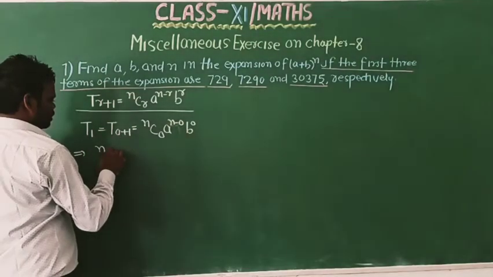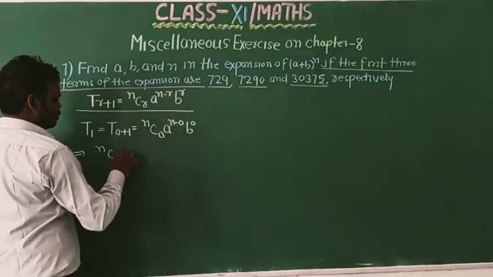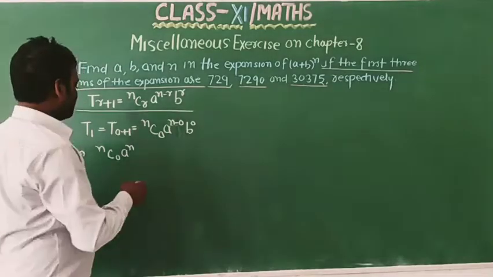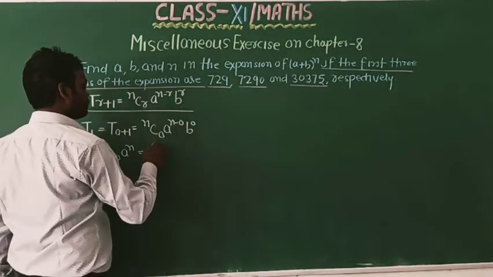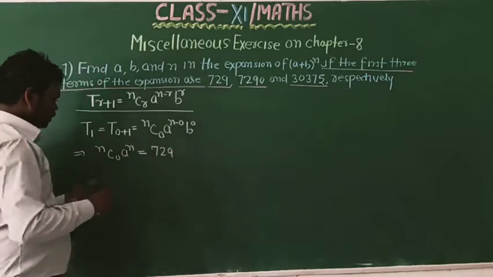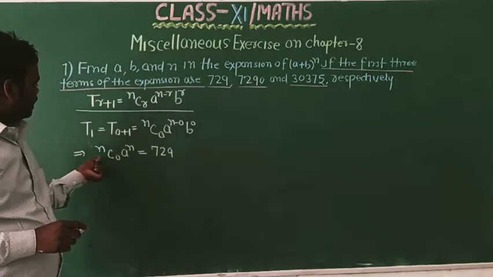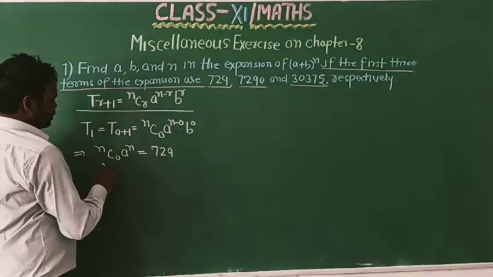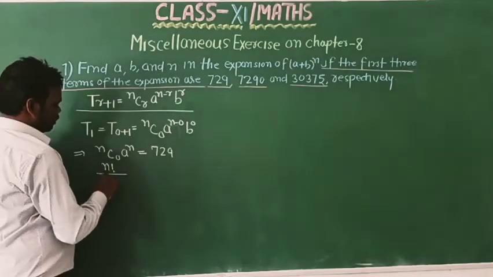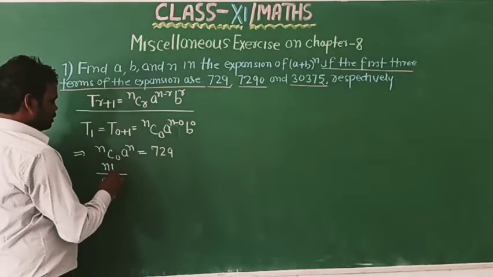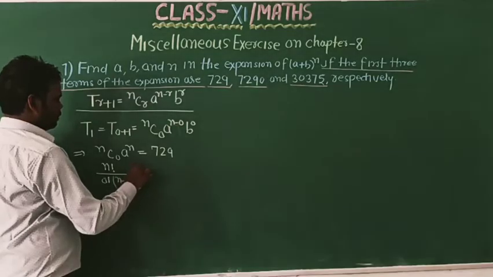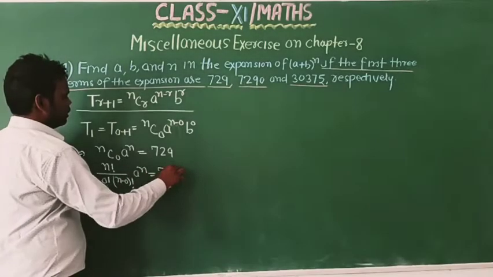nC0 a to the power n, b to the power 0 means 1, is equal to 729. Now simplify nC0. So this is factorial n upon factorial 0 and factorial n minus 0, a to the power n equal to 729.